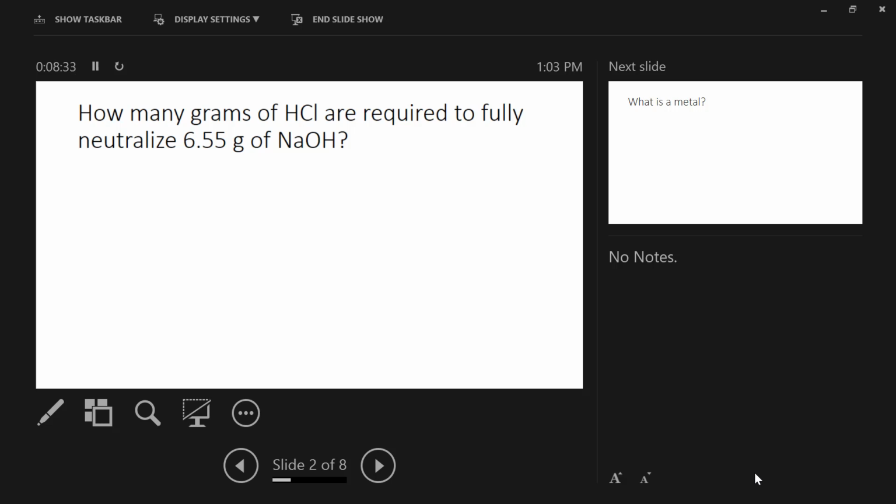I like souvenirs. Anyways, 1 mole of hydrochloric acid has 1 mole of hydrogen plus 1 mole of chlorine. Hydrogen, we just talked about this, we'll call it 1 gram. Chlorine is 35.45, right? We'll call those 35.5 grams.